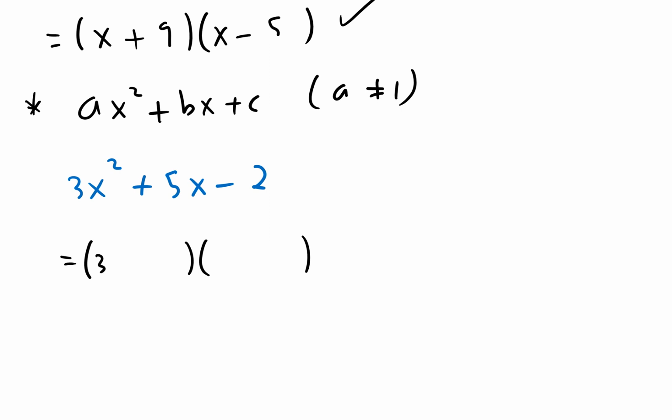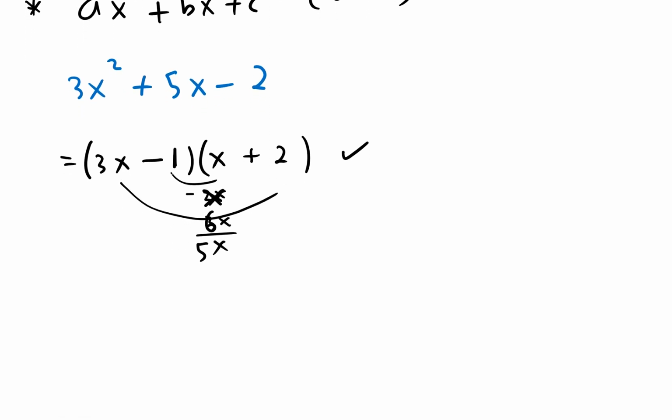So I believe 3x squared is 3x by x. Plus and minus, we don't know. 2 is only 2 times 1. Test it out. Negative 2x, 3x, that's 1x, doesn't work out. Swap the 2 and the 1. Negative x and 6x, 5x, that works. So you try, you make errors, you try again, and you keep trying.